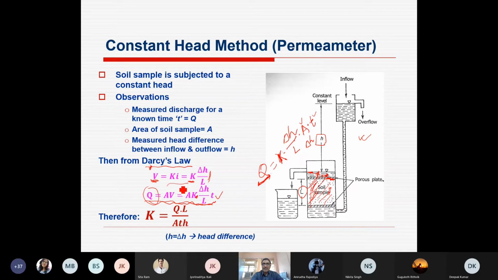Once we have connected this, we get the relationship and can find K, the hydraulic conductivity of soil. It is the discharge of water in volumetric units, Q, times the length of the sample L, divided by A, the cross-sectional area of this sample, times t, the time for which we observed this flow, times the head difference delta H, which in this particular equation is written as H.